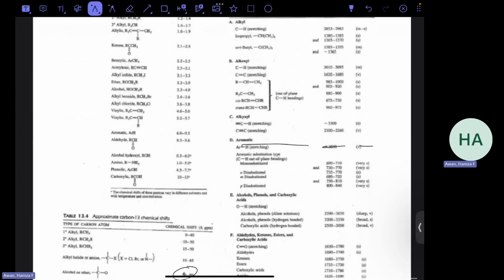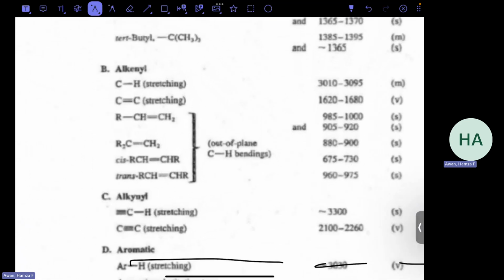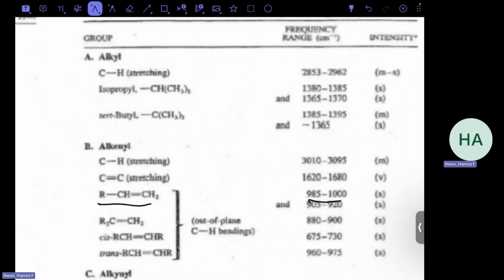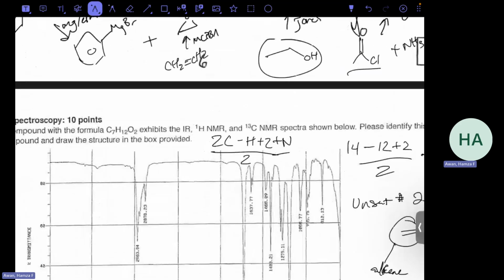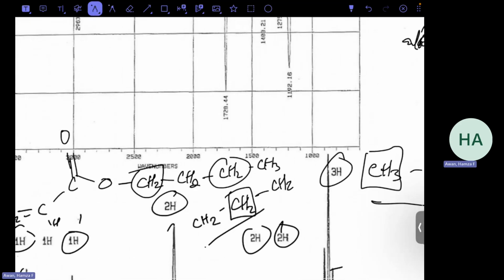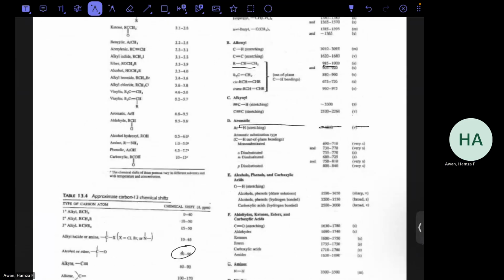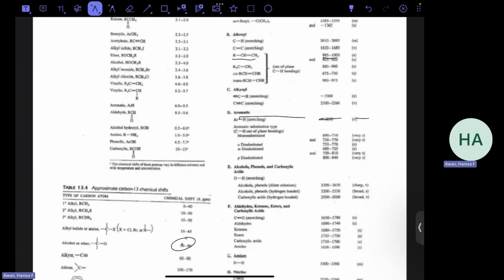alkyne or alkene. If we look maybe over here, we have alkenyl stretching. This is the terminal alkene. Oh, okay, 985 to 1000. That's fingerprint range, but it has one at 985. So maybe, maybe if there's something on the carbon-13 NMR. Exactly.